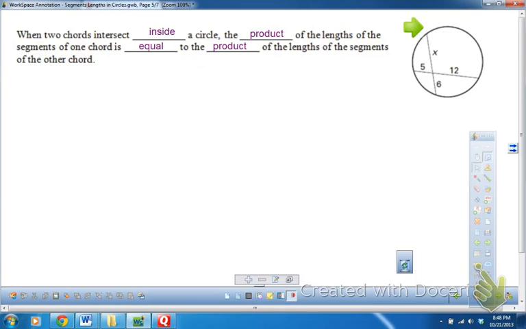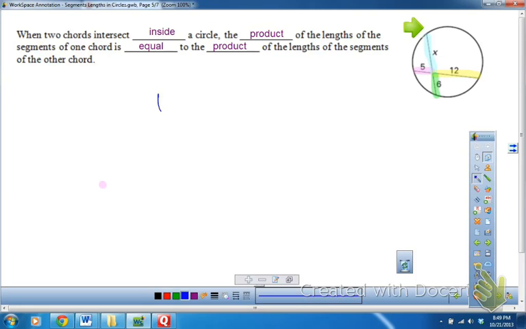So in this case, if I were to use a highlighter to demonstrate this, you have a 5 and a 12 as two parts of one chord, and you have x and 6 as two parts of another chord.